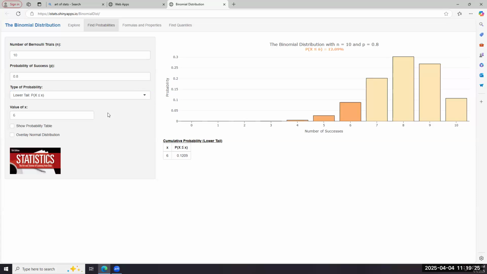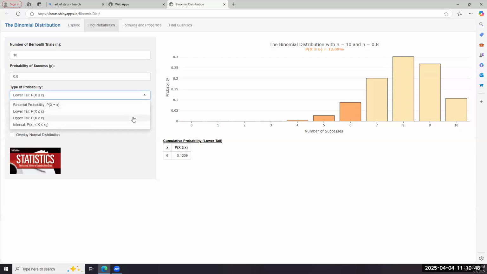In the second part, when we talk about the at most, in the case of the at most, probability that X is less than or equal to 6 is going to be 0.1209, and this is going to be 12.09%. And the last part, at least.